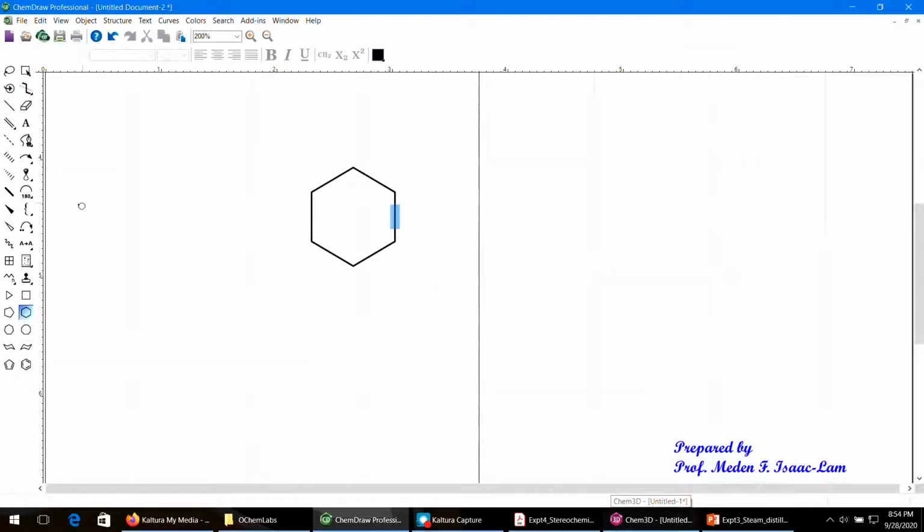Now I have the cyclohexane again, and then we are going to make a double bond, and then there is a methyl in here, and I'm going to use the wedged bond.